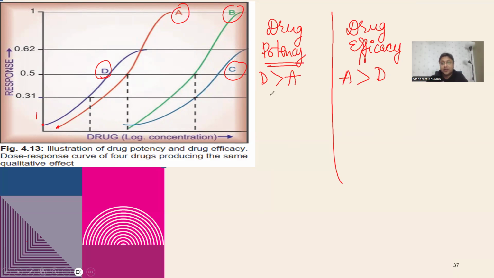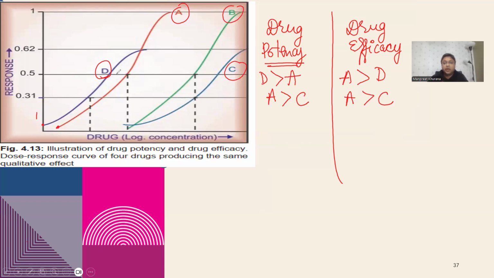So this means that drug A is more potent than drug C. And let's see the efficacy. In this case, the efficacy of drug A is also more than drug C.